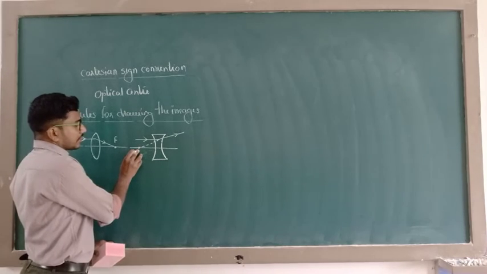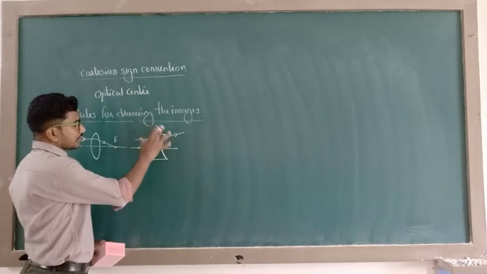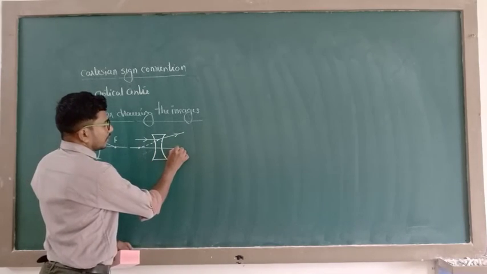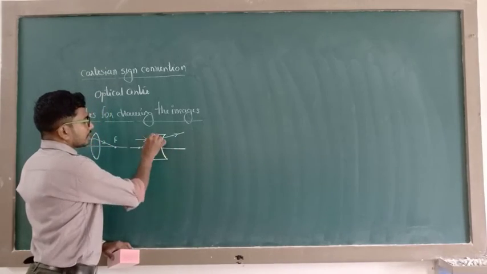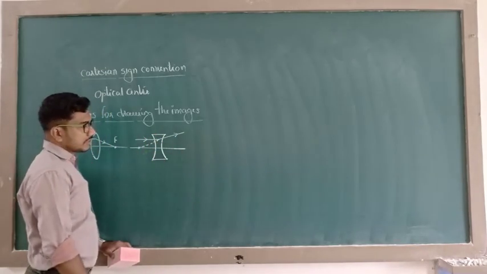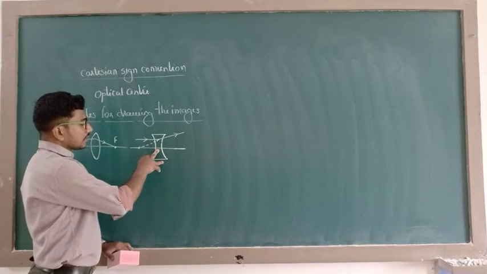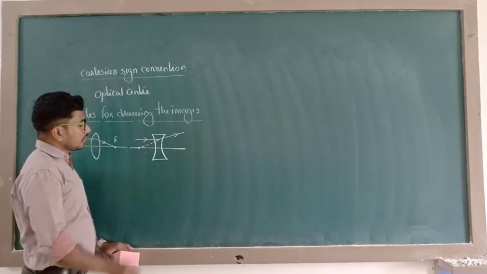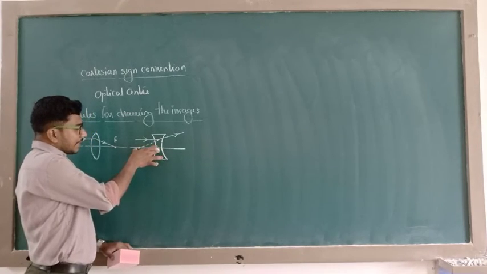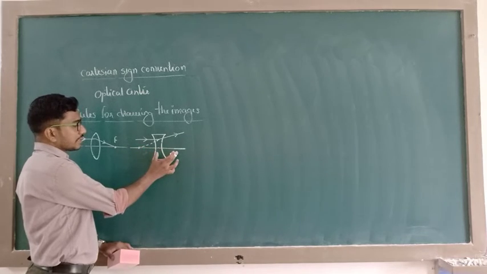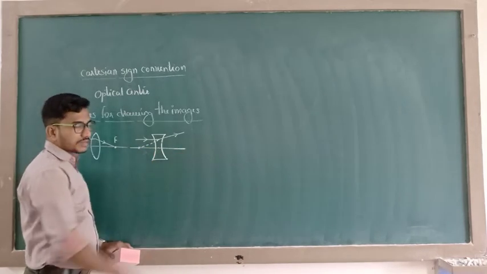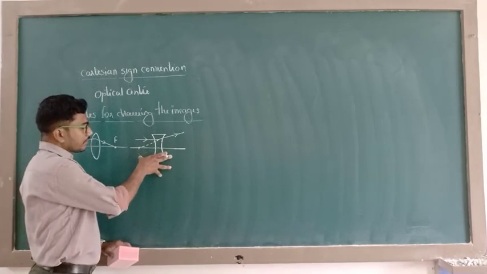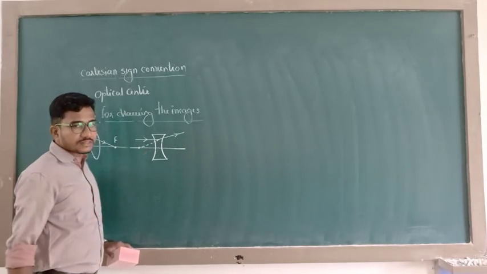That is the principal focus of this optical medium. See here, there are two principal foci. Those are equidistant from the optical center. The distance between optical center and the first principal focus is equal to the distance between the optical center and the second principal focus. That means these two principal foci are equidistant from the optical center.